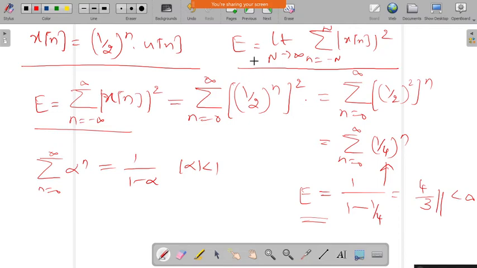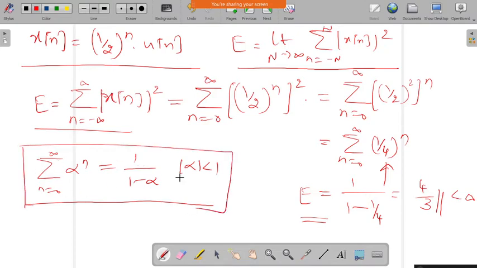So you need to use this standard expression which I wrote earlier also. Four standard expressions are there. When alpha is less than 1, you can use that and you can obtain the values.